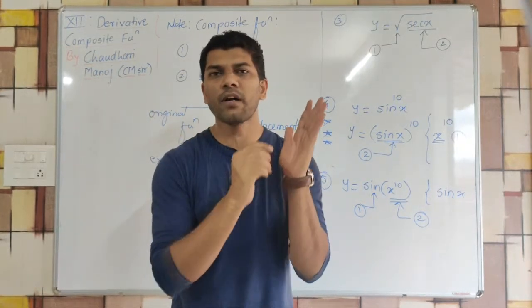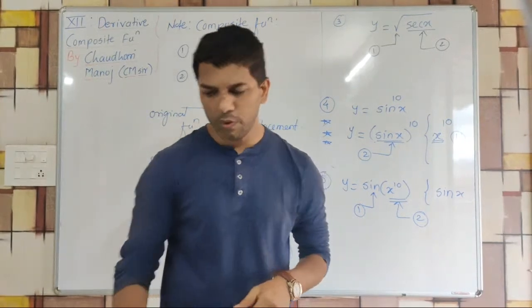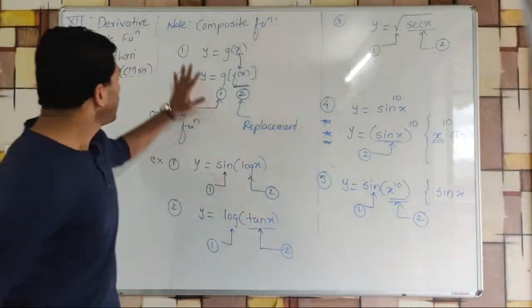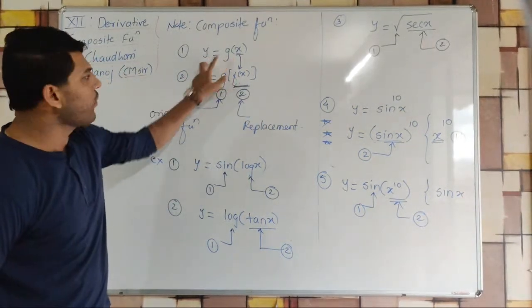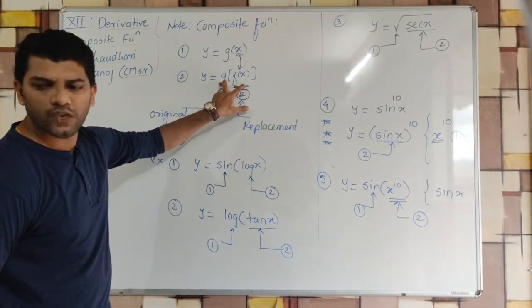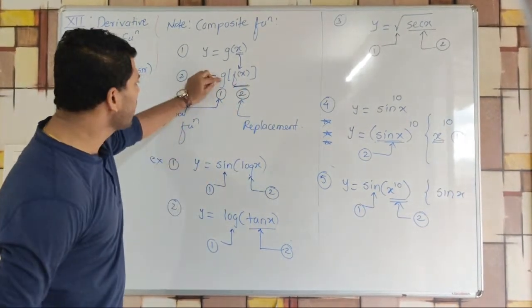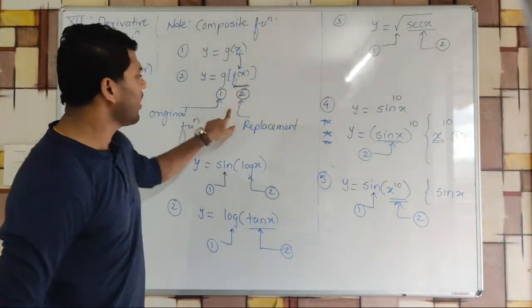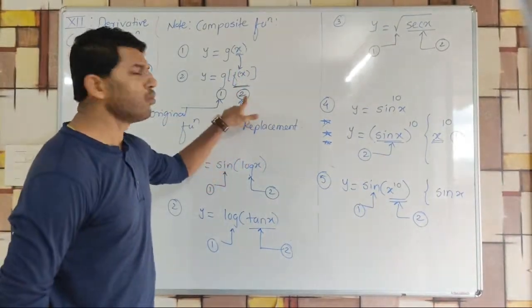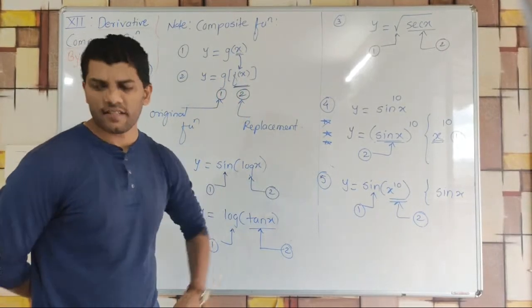Always remember, marking 1 and 2 is a very easy way of tackling the composite function. If this is the original function, then this is the composite function, and it is very important to assign the original function as 1 and the replacement for x as part 2. There are only two things involved in the composite, first part and second part.